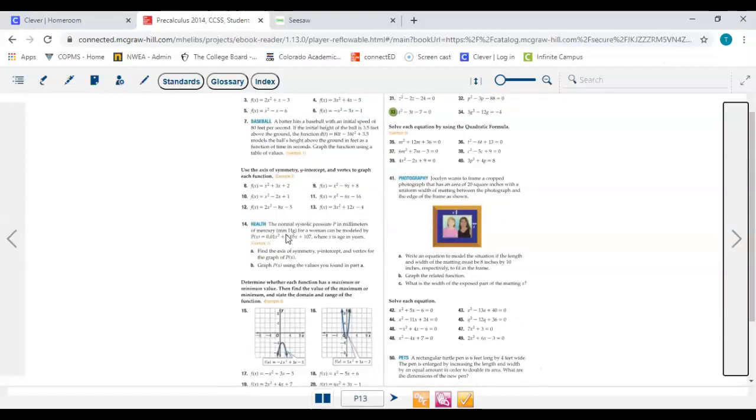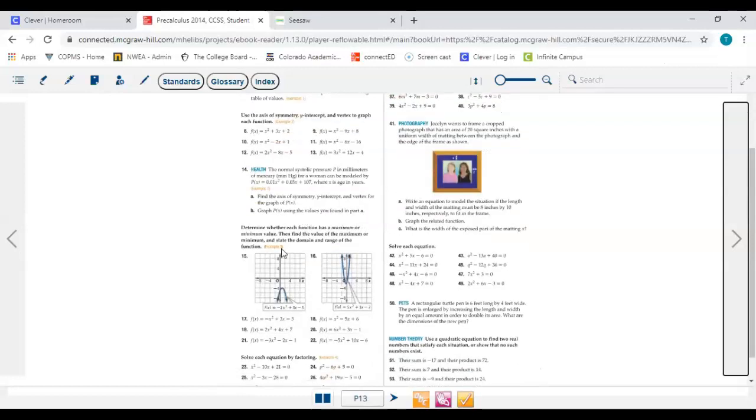14 is another graph. 16, determine whether each function has a maximum or minimum value, then state the domain and range. So for 16, you can see it's going to be a minimum.